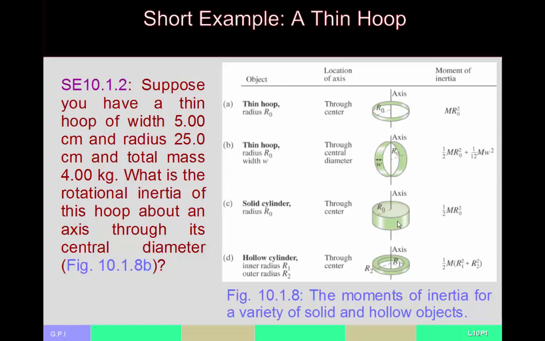So the solid disk from the previous slide has a moment of inertia of 1/2 times the mass times the radius squared. And in fact, you can get that the same way as you get it for a hollow cylinder or an annular ring, by taking the limit where the inner radius is 0. So that gives you the same result as the solid cylinder either way.